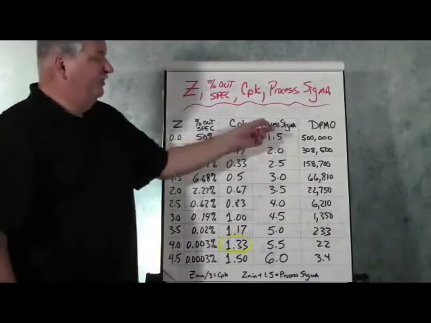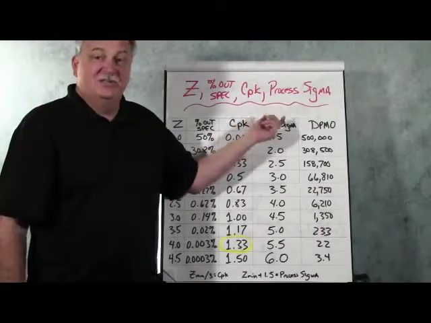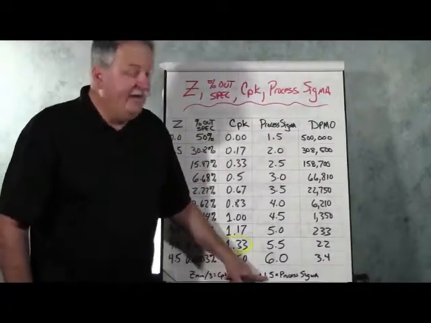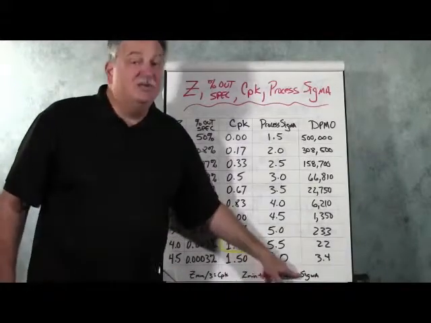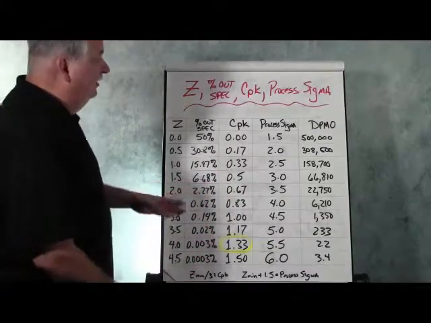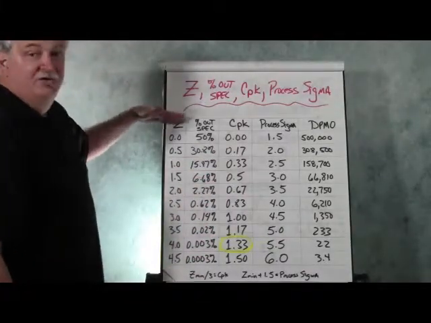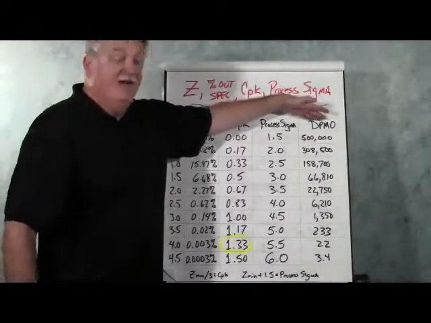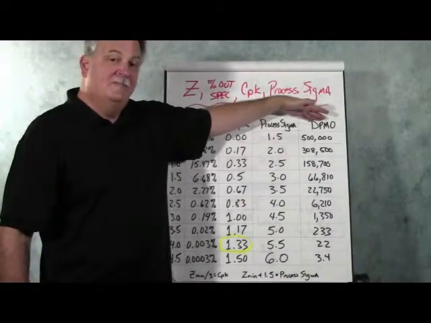And then where's that process sigma thing from Lean Six Sigma? Well, the z-min value plus 1.5 is the process sigma value. Now it's starting to make some sense. So we can actually get the z-value, the percent out of specification, the CPK, the process sigma, and our defects per million opportunities.